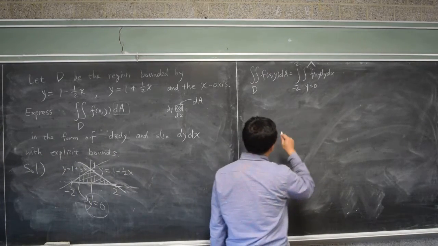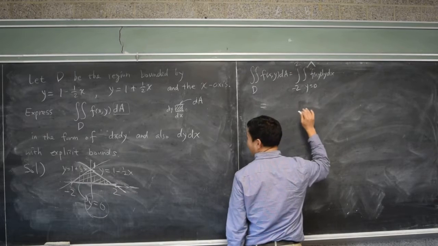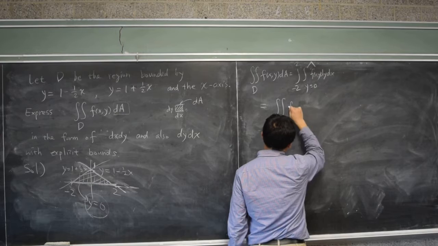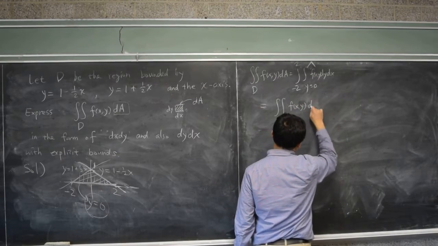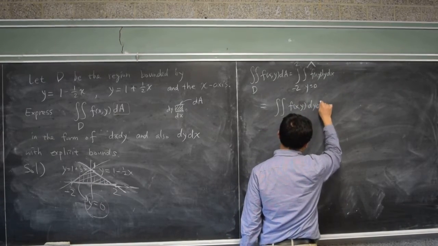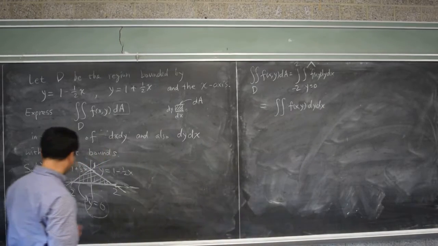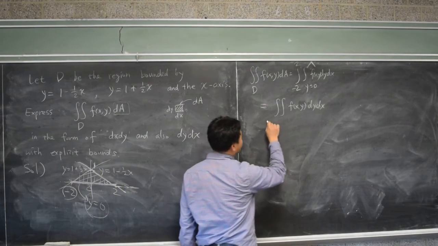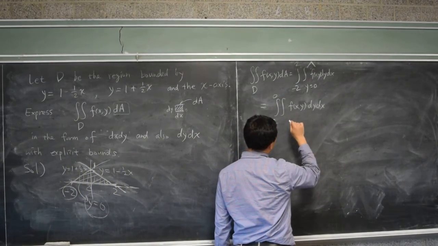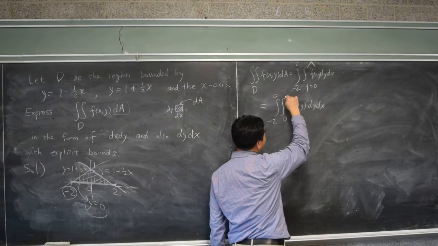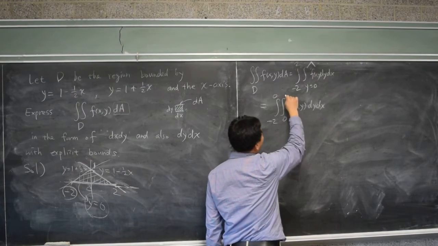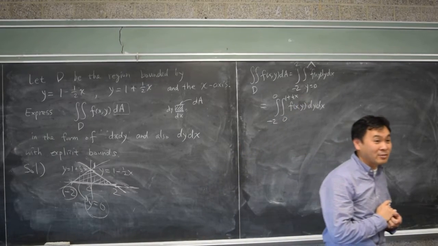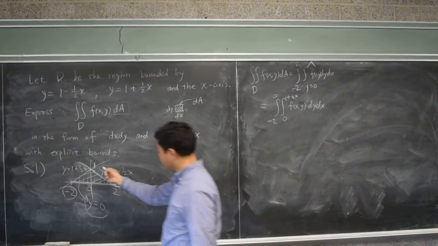So that integral is really a sum of two integrals. On the left side, x goes from negative 2 to 0. When x is from negative 2 to 0, you go from y equals 0 to where? 1 plus 1/2 x, right? y equals 1 plus 1/2 x is this curve right here.